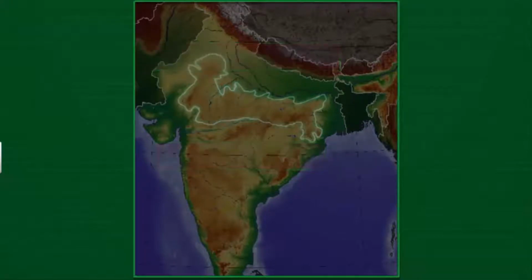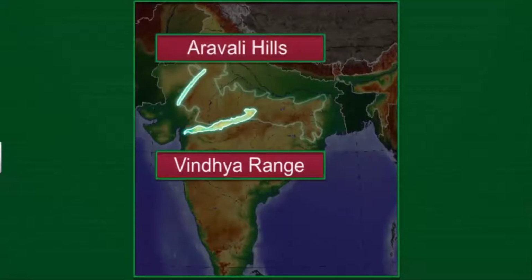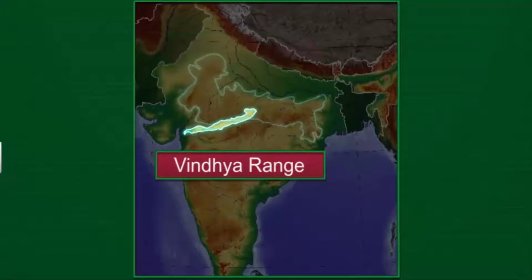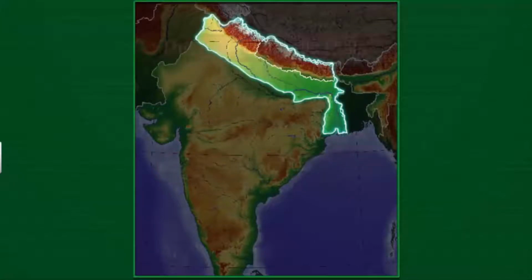The Vindhya Range forms the boundary of the Central Highlands on the south. The Aravallis form the northwestern boundary of these highlands. The Vindhya Range has a special significance because it divides India geographically into northern India or the Indo-Gangetic Plain and southern India.